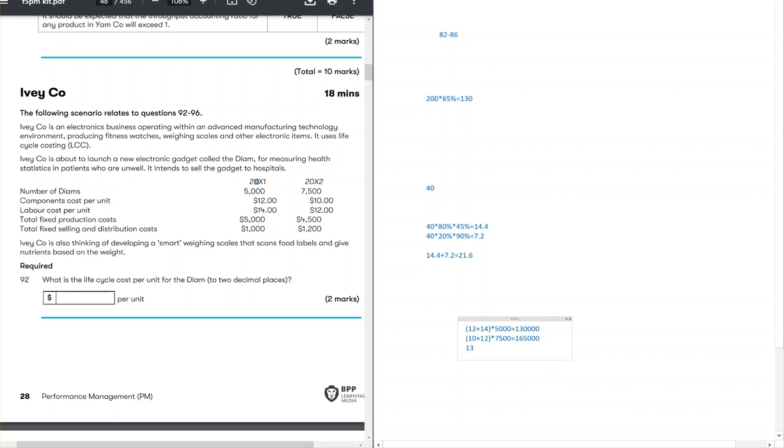So now let's add all the costs. 130,000, 165,000, and then this one becomes about 9,500, and these two become about 2,200, which becomes 306,000.